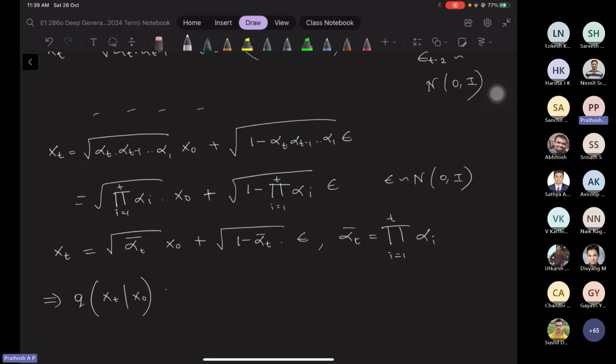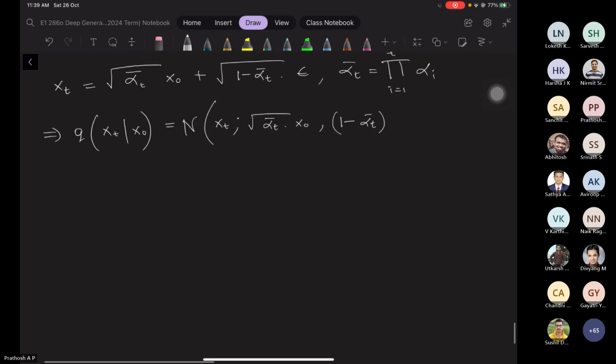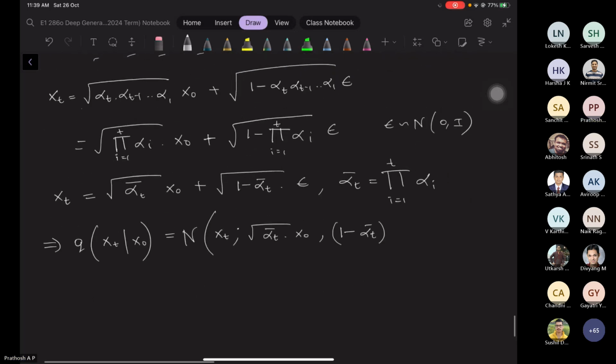This is a normal distribution again, because of the reparameterization. The distribution at xt has mean root of alpha t bar times x naught, and the variance is 1 minus alpha t bar times I.